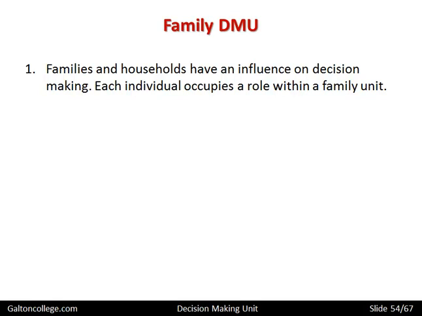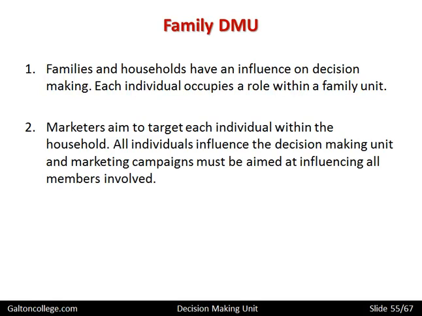It could be big decisions about where to live, what sort of house, or what furniture, what design, or it could be very small decisions about how they live and how they organize themselves. But there still is a decision-making unit, and that's the family. Marketers aim to target each individual within the household.